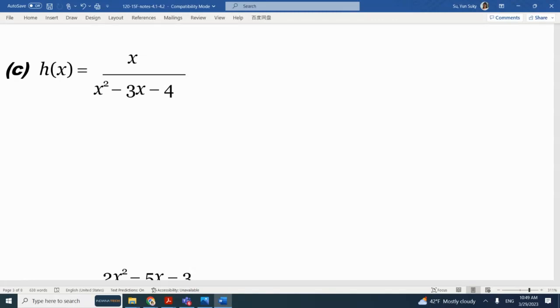Okay, and then minus 4. So x goes to 4. Okay, that corresponds to this factor, right?